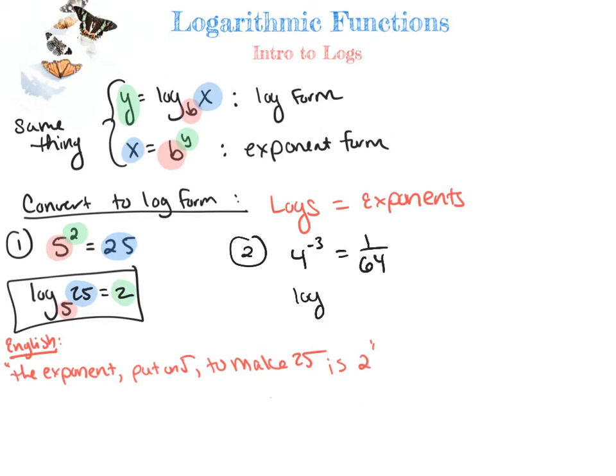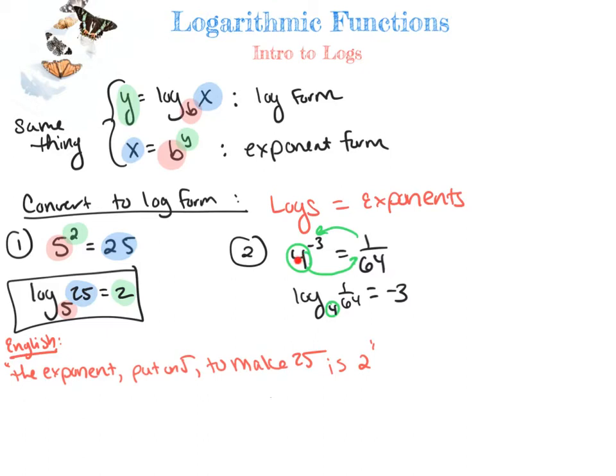Since the bases are always equal to each other, the base under the exponent is always the same as the base under the log, I start there. So I have log base 4 of 1 over 64 equals the exponent, negative 3.